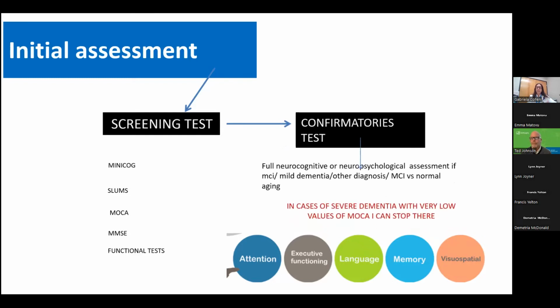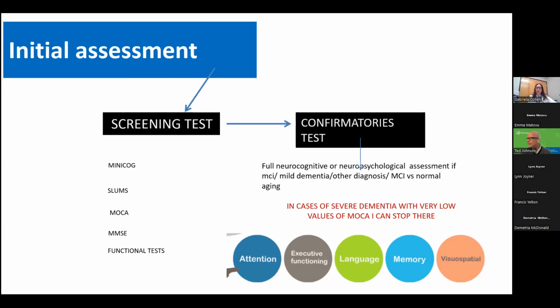So basically, in a full neurocognitive assessment, you want to assess all cognitive domains. So you're going to include tests for attention, executive function, language, memory, and visual spatial skills. If you start with a screening test, and imagine that you see the patient in Georgia MemoryNet, and you do a screening test like a MoCA, the Montreal examination, and the result is really low, and you suspect that your patient has moderate to severe dementia, and the MoCA is 12 or below, you could really stop there.